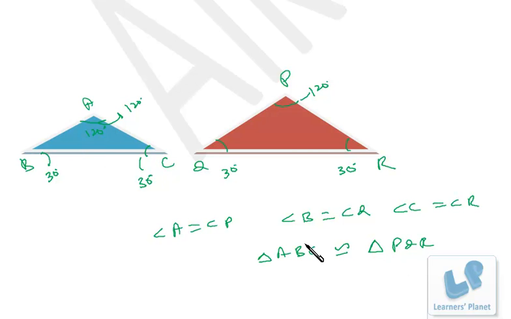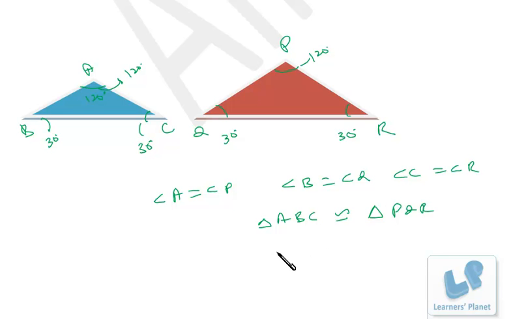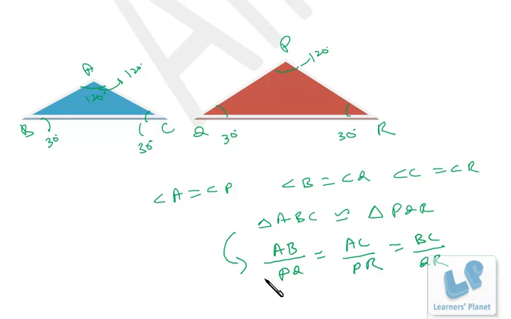That means I can say AB by PQ is equal to AC by PR is equal to BC by QR. Okay. So if the two triangles are similar, their sides will be in ratio, where their corresponding angles are equal. Okay.